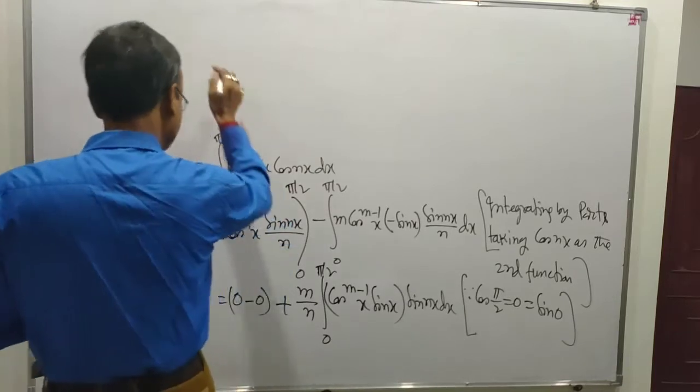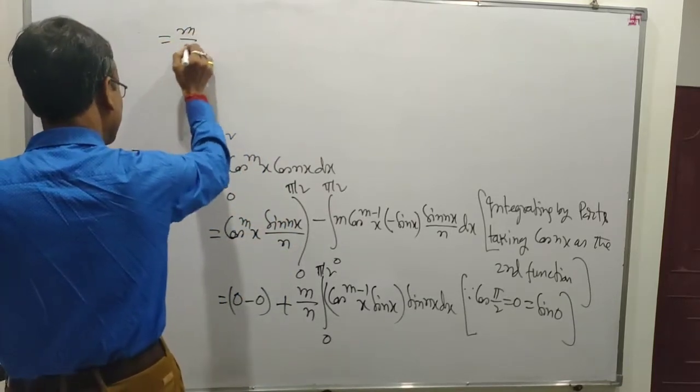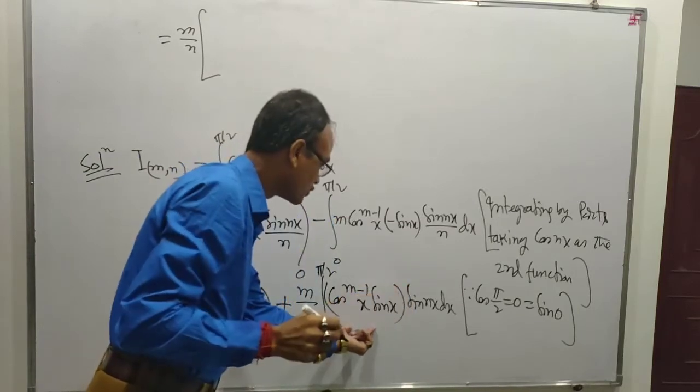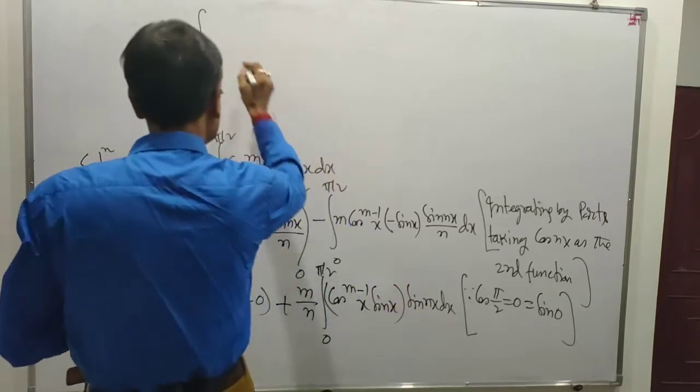This is equal to m by n. Take this as the first function and sin nx as the second function.